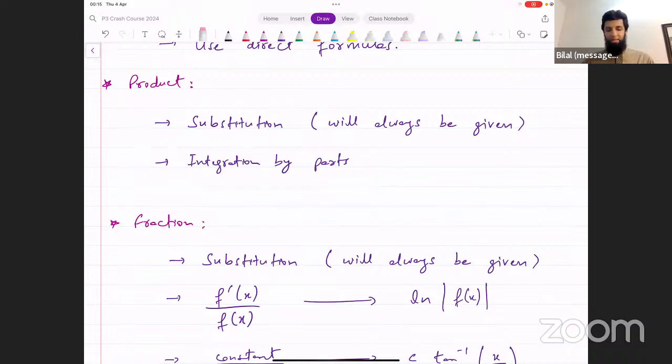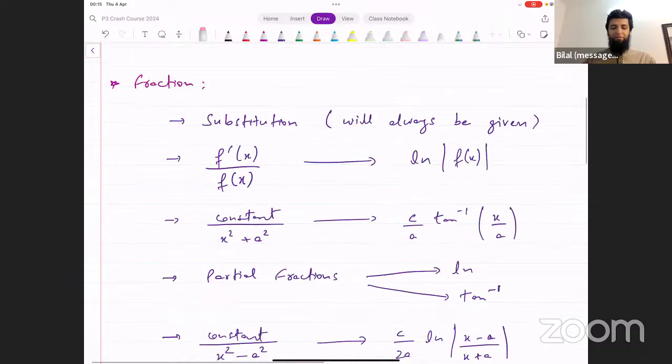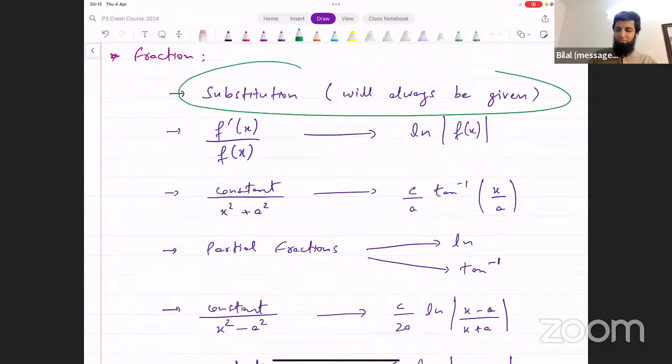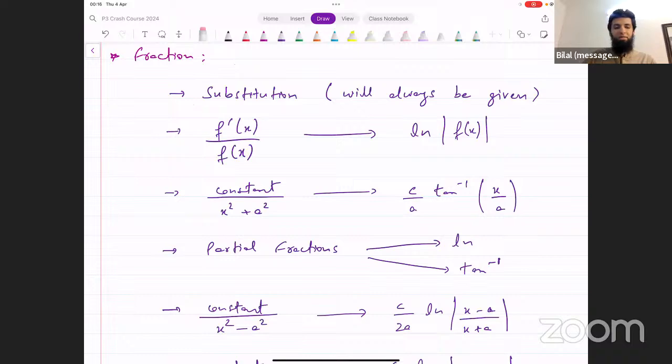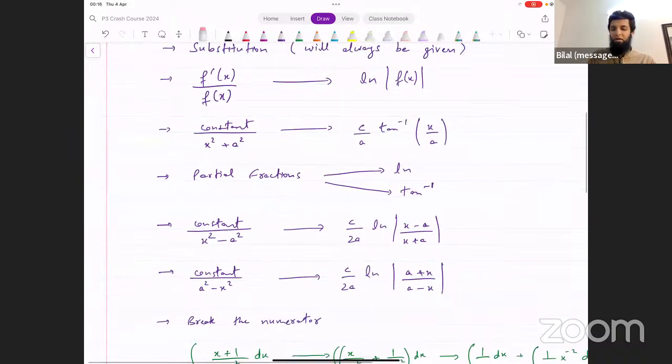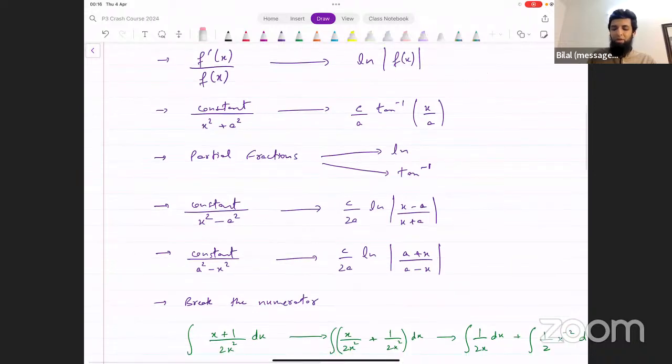Okay. Then you have fraction. In fraction as well, you could use substitution if it's given. If you have to use substitution, they will always tell you about that. If it's not substitution, then you have to think of all of these other rules that we have done. The ln rule, where numerator is the derivative of the denominator, tan inverse rule, partial fraction, and then using ln and tan inverse rule afterwards.